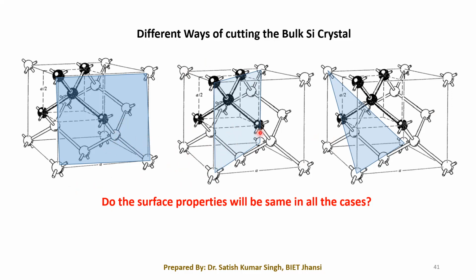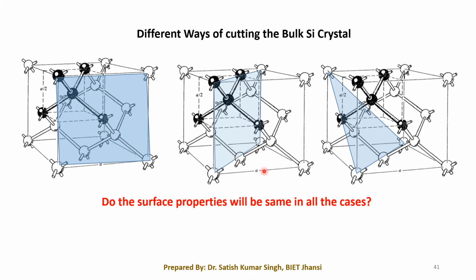How many silicon atoms are exposed on the surface? Just as we were interested in the number of seeds and their pattern, here we are interested in the number of atoms as well as their orientation on the surface after cutting the bulk crystal.